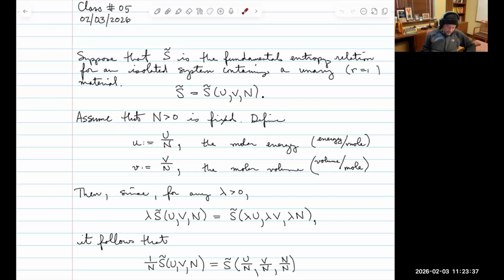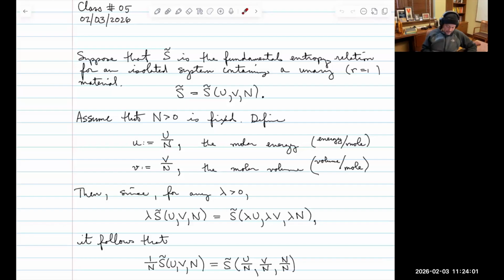Looking at the fundamental entropy relation, we start by assuming that the number of moles of particles is exactly fixed. So suppose we have 2 moles of particles in our system, exactly that number, a fixed positive number.